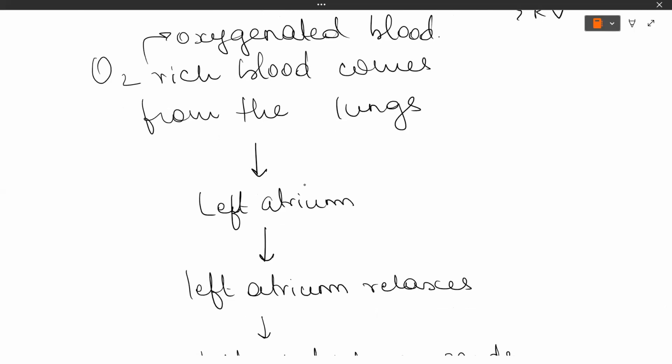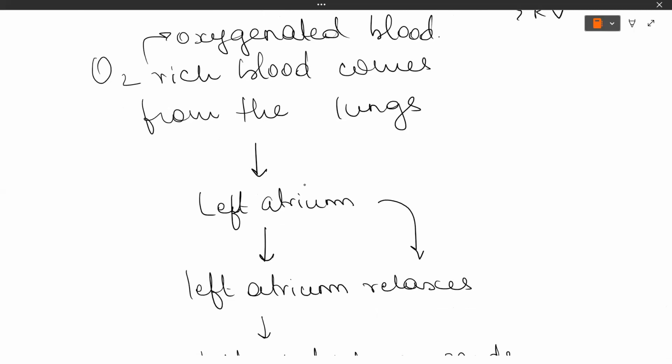And finally, walls are present. Now see, every single chamber has walls present, so that the blood that is coming from the left atrium to the left ventricle does not move backward.